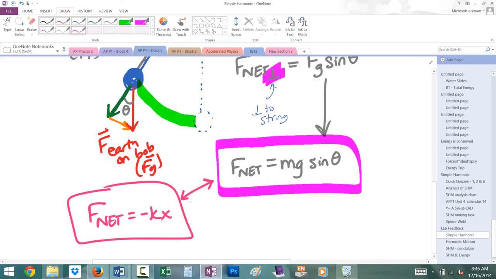Well, m's not a constant between different masses. Right, but k's not a... k, you're right, never mind. Yeah, that does, because the g sine theta is basically the same as the x. That's the displacement. Right. g and m are constant. So g and m are opposite k.